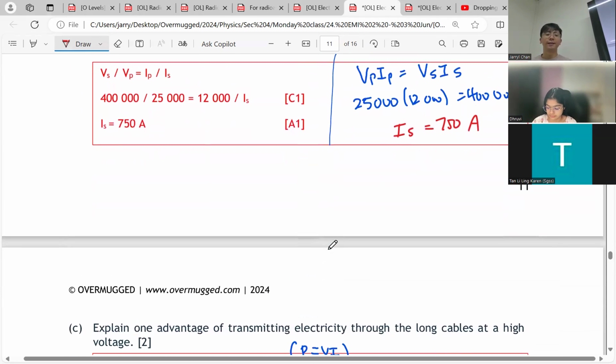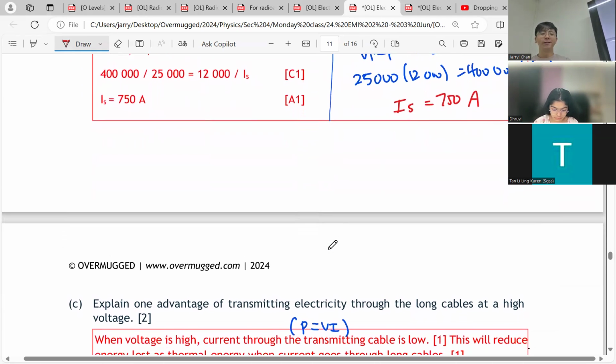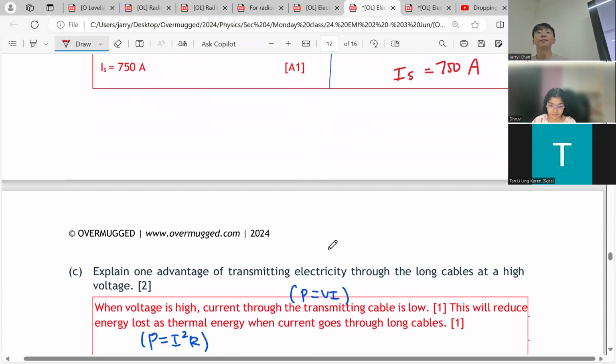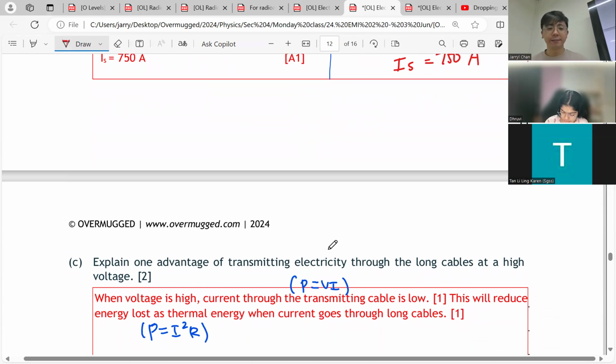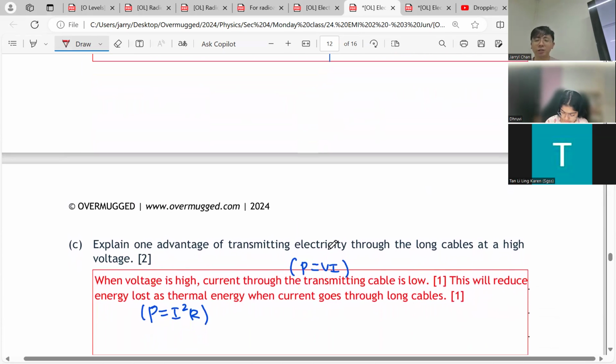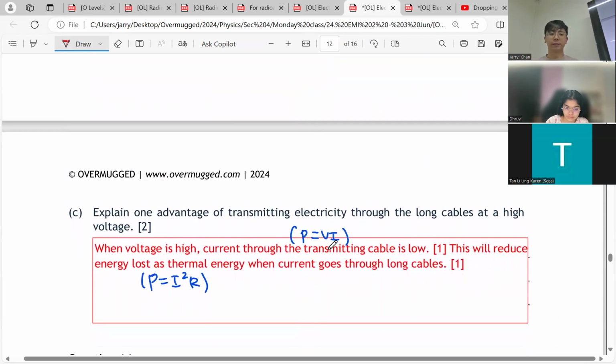Not too difficult. Part C, the advantage of transmitting at a high voltage, is exactly what we have discussed already. Voltage is high, so the current flowing through is low. There will be smaller energy dissipated to the surroundings, a smaller amount of energy transferred to the internal store of the surroundings.